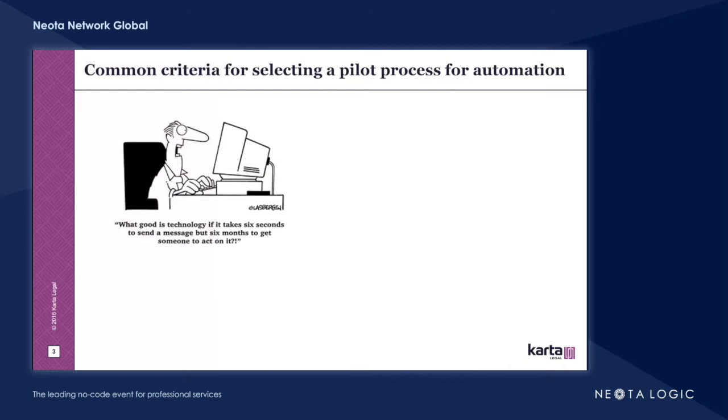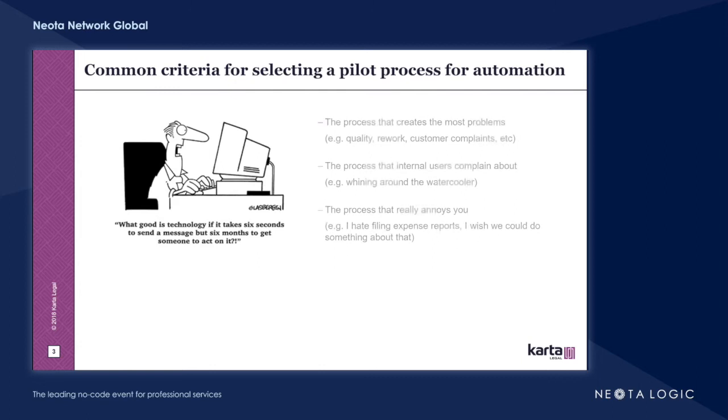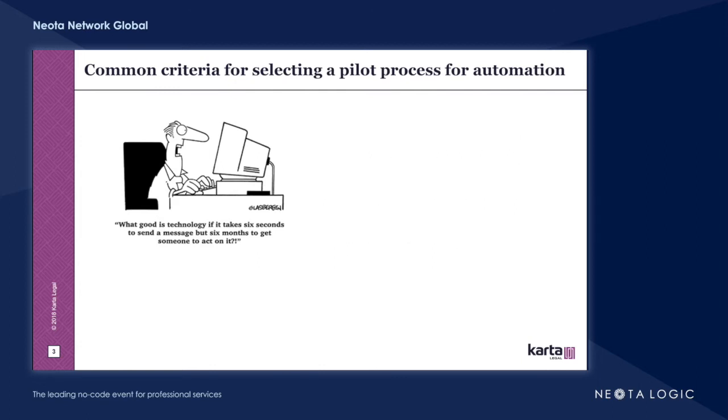The fact of the matter is when most firms realize it's time to go down the road of process automation and digital transformation, there's many different factors that they consider on how to start the pilot project.